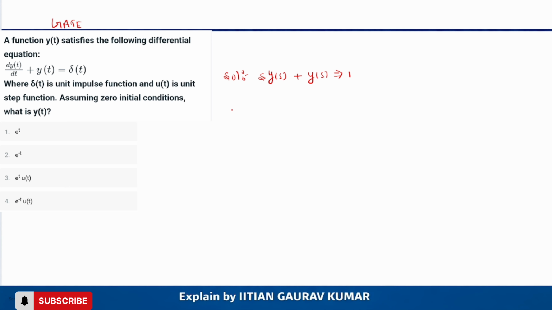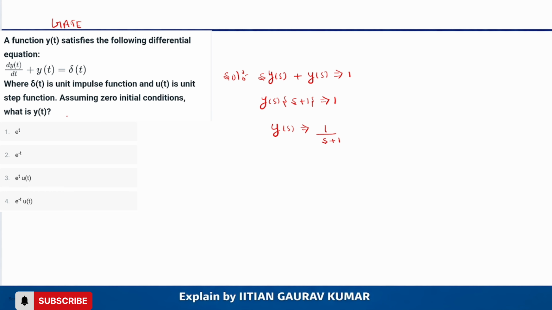It is 1, because the Laplace transform of the unit impulse function is 1, and the Laplace transform of the unit step function is 1 by s. So Y of s is common, (s plus 1) equals 1. So we can write Y of s is equal to 1 by (s plus 1).